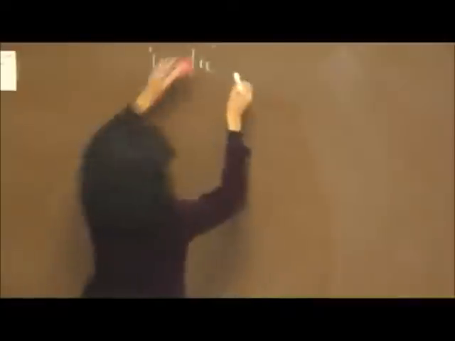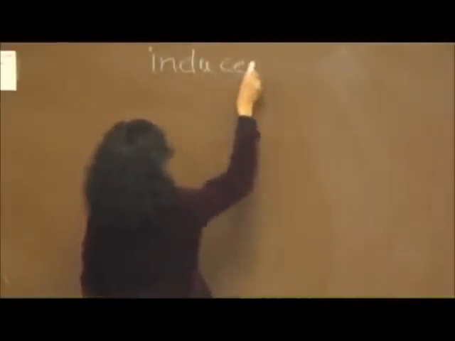Think about it. Even if nothing was there, we can still talk about an induced electric field. So let's now put this whole idea into a slightly different form, and that will be the idea of induced electric field.